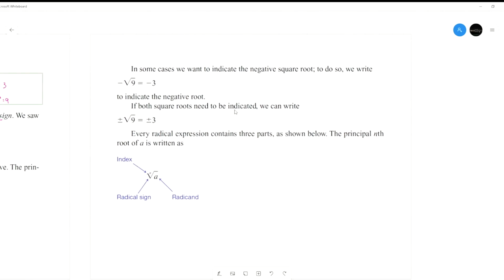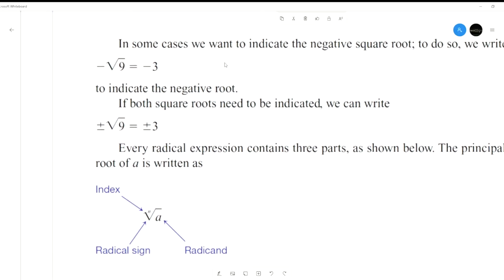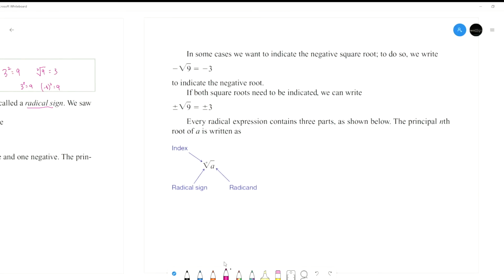Okay, so in some cases we do a negative square root. When the negative is in front, not to confuse it with the radical of negative 9, which is not the same.